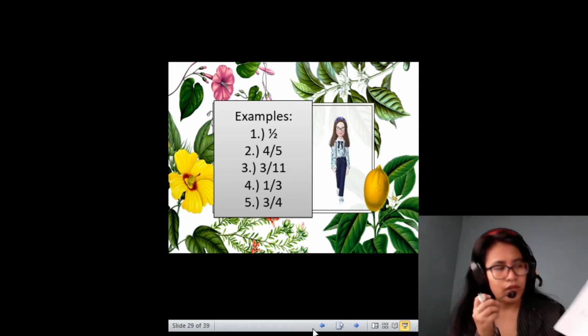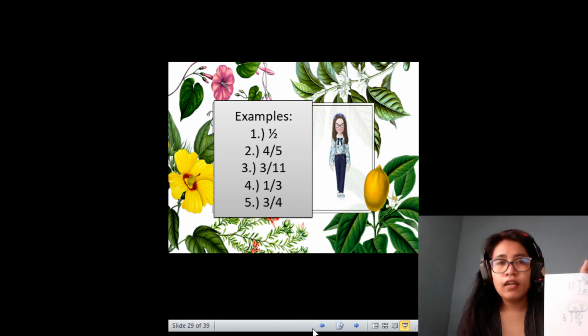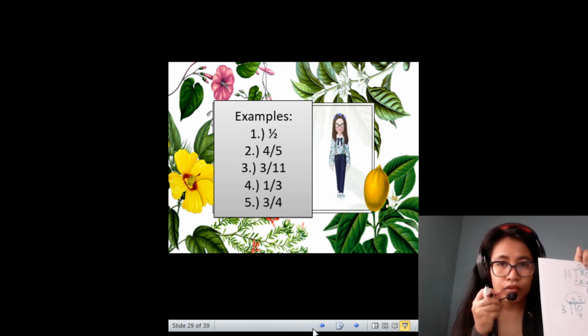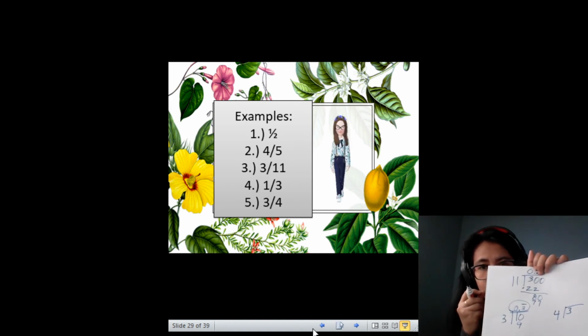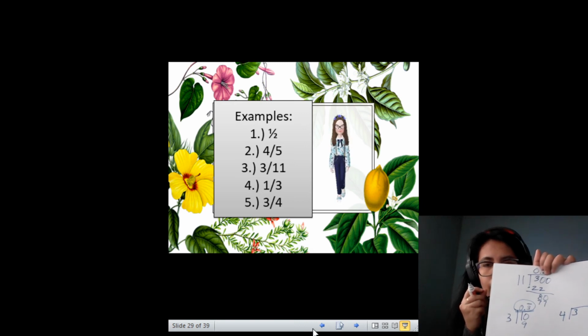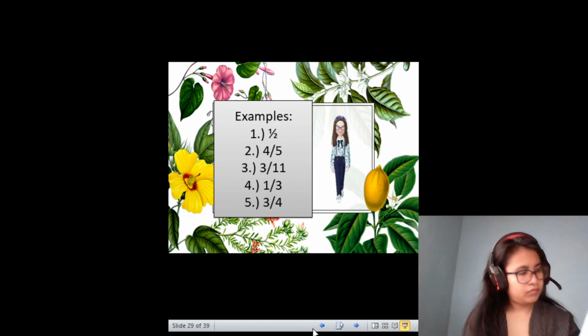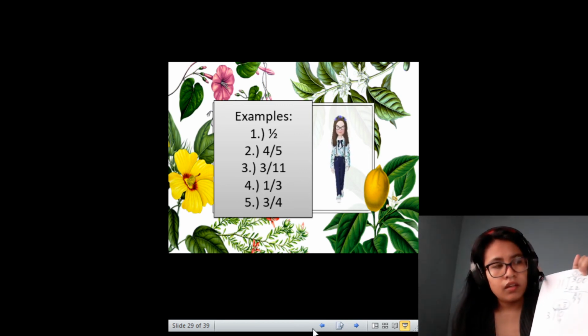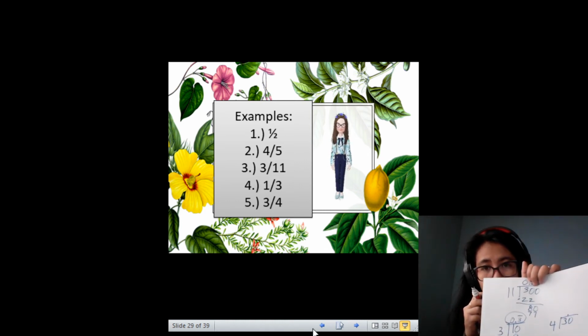How about the last one? The last example is 3/4 or 3 divided by 4. So add again a point and 0. Now you have 30 divided by 4.